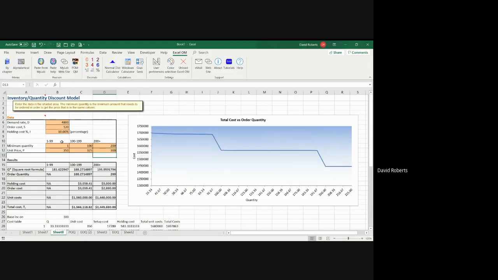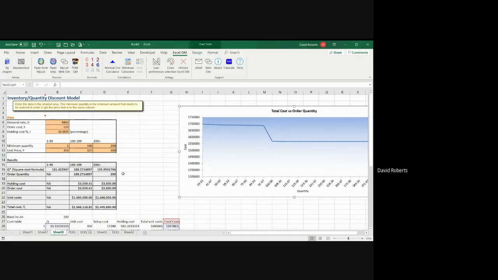And you can see that in this particular case, the numbers have changed. But one thing that hasn't changed is the EOQ is now 188, whereas it was 181 before, but we still order 200 units.